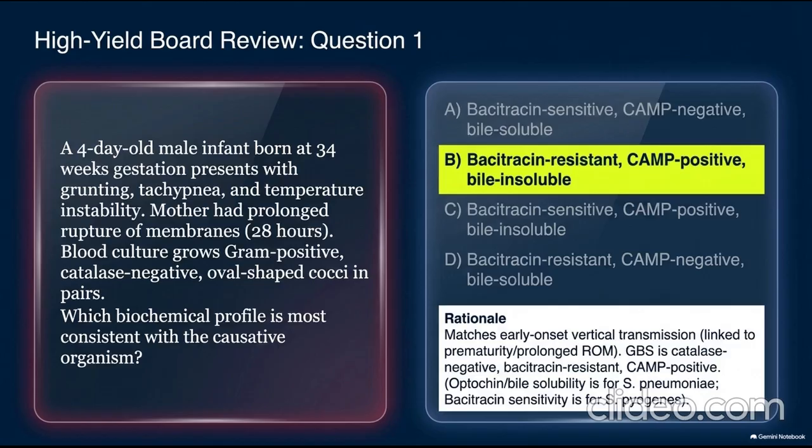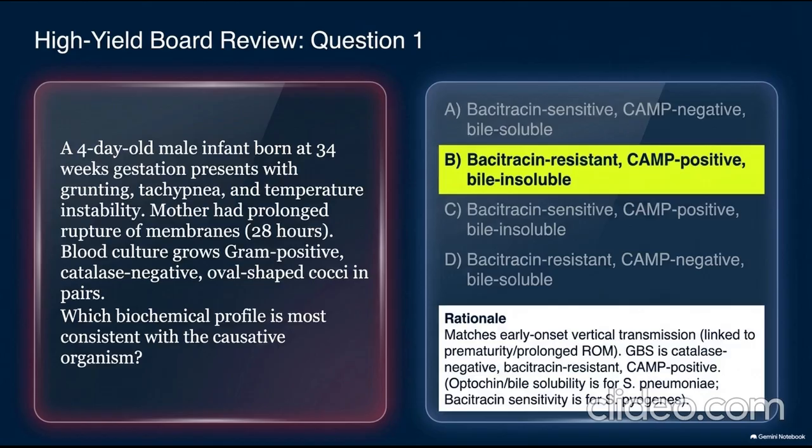Question 2. A 14-day-old female infant is admitted with high fever, bulging fontanelle, and seizures. Cerebrospinal fluid analysis confirms pyogenic meningitis, and cultures grow Streptococcus agalactiae. Which of the following parameters is most accurate regarding this infant's condition?